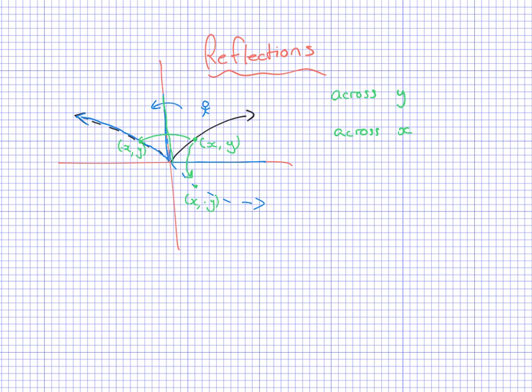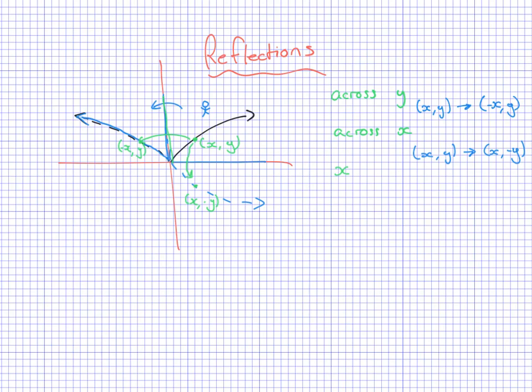So to look at that in terms of notation, across the y-axis, you'll see that x, y maps to negative x, y. And across the x-axis, you'll see that x, y maps to x, comma, negative y. All right.